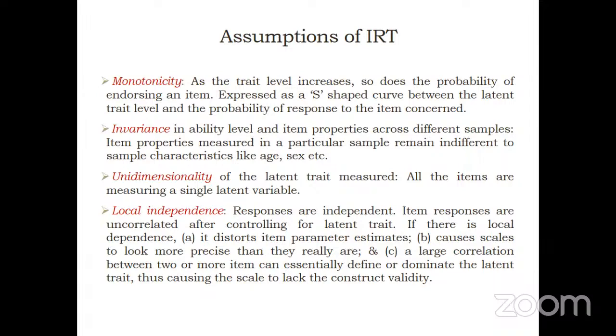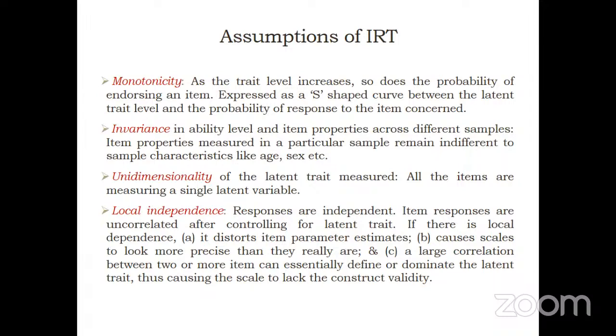So if you have a number of items having too much correlation among them, even after controlling for the latent trait, what will you see? It happens if you have 2-3 items measuring almost the same thing in a particular test or scale. There is some redundancy in the responses.